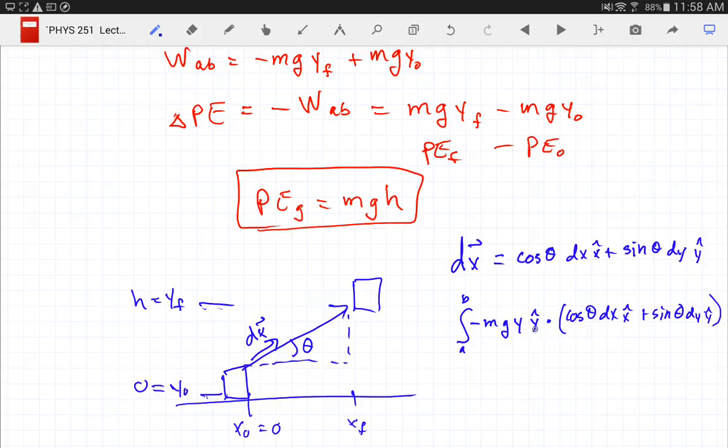So I can just put a 0 through this because of the dot product. This value is not 0, but it's perpendicular to that. And then this one here is y hat dot y hat, since my angle was considered constant here.